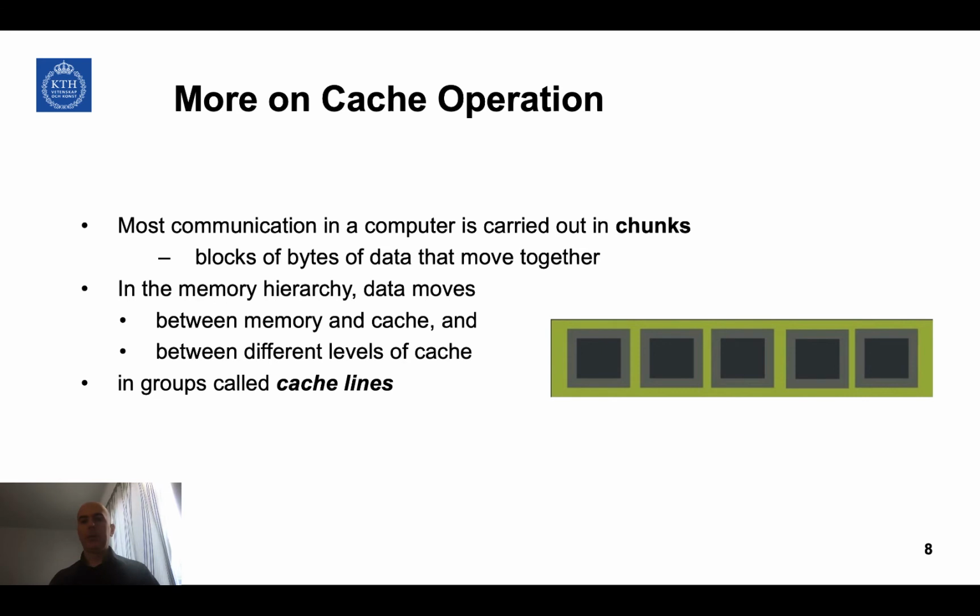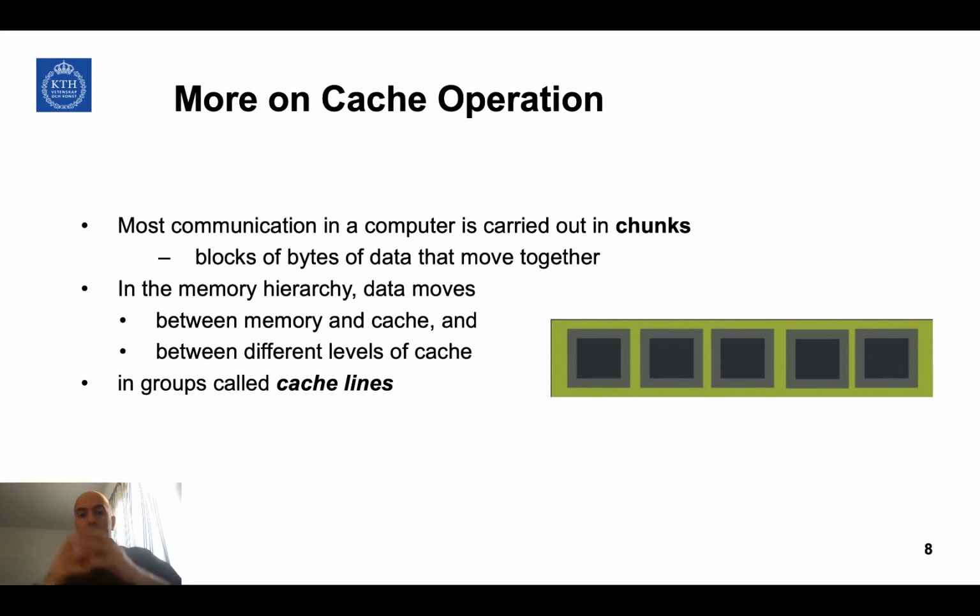So one important point when looking at caches is that the data in caches is not loaded byte by byte, but is loaded and stored in chunks. Most of the communication in a computer is carried out in chunks. There are actually blocks of bytes of data that move together.